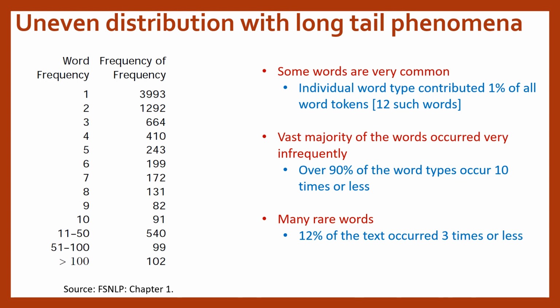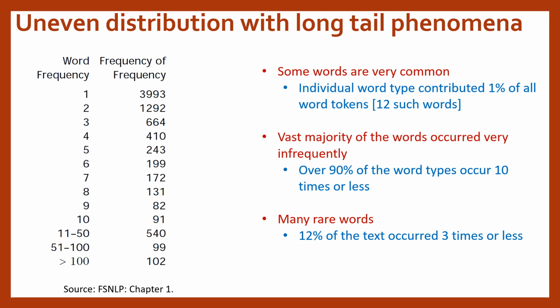That says that each word type occurs about 700 times. So just looking at the average occurrence is going to mislead, and it does not give the correct information.